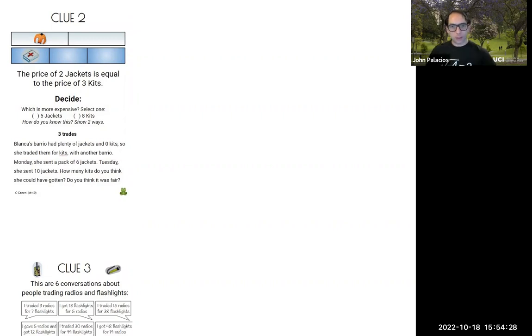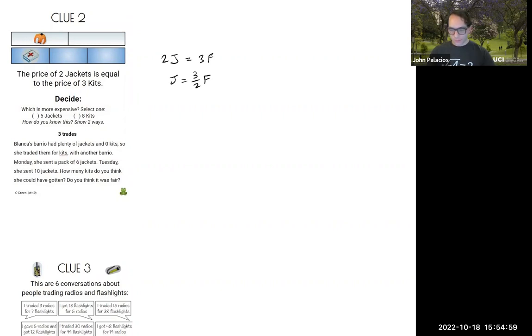Okay, so let's see. We know from the trade that 2 jackets must be equal in value to 3 first aid kits. Algebraically, you can see that this means that a jacket is worth 3 halves of a first aid kit.